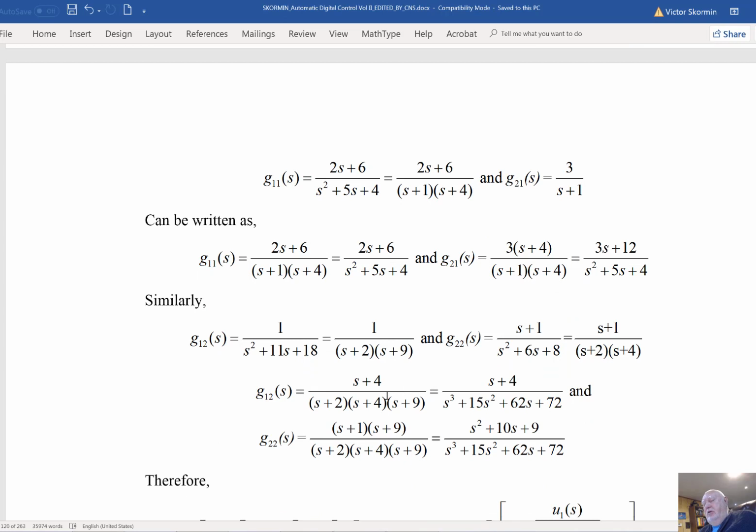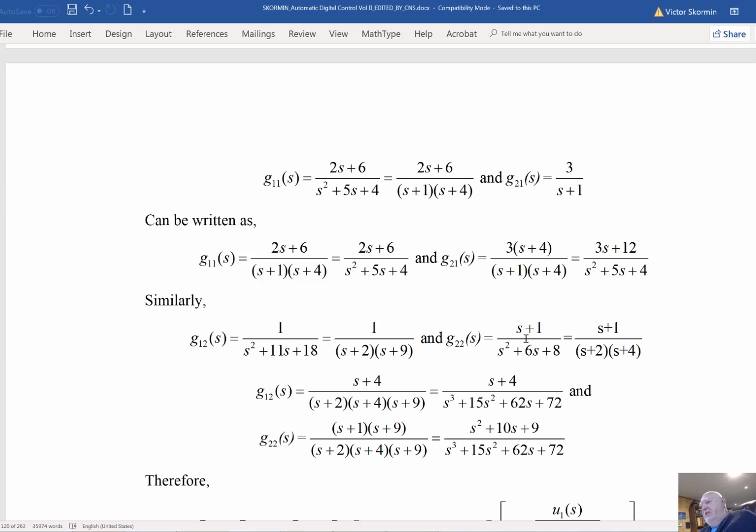Let me take a look at the second column of the transfer matrix. This is G12, and this is G12 in the pole zero form. Not too many zeros, but you can see clearly the poles.